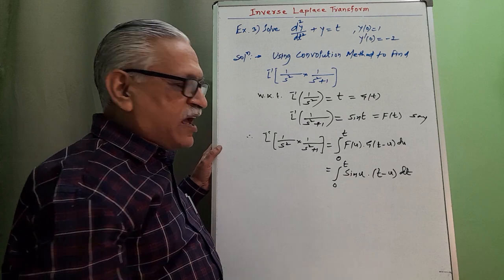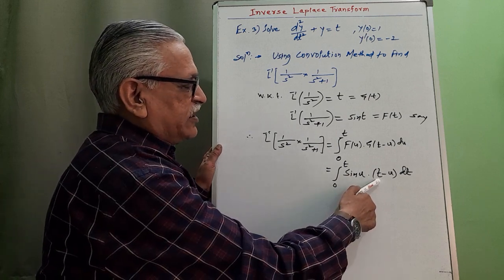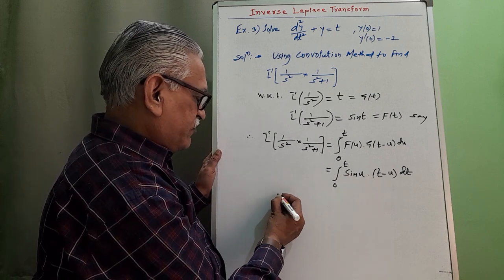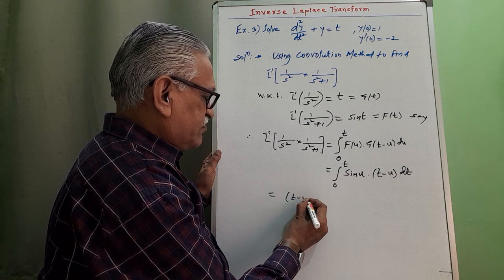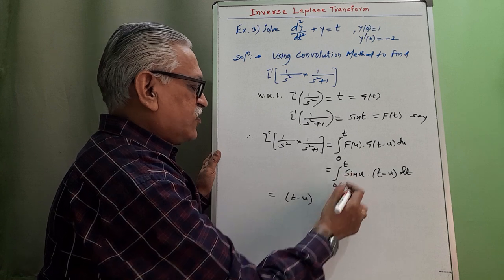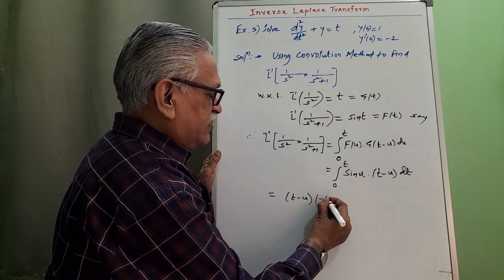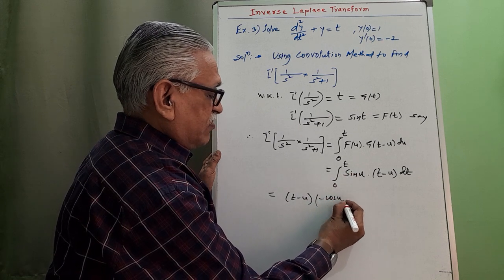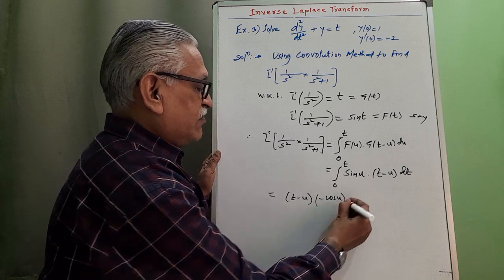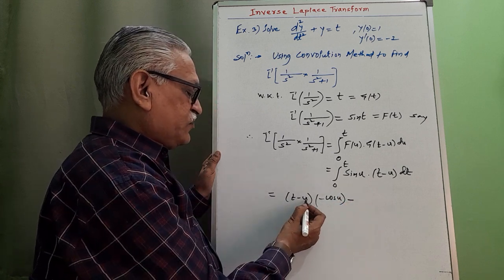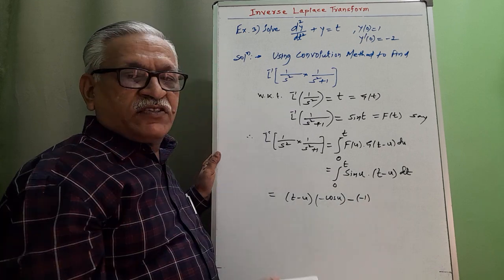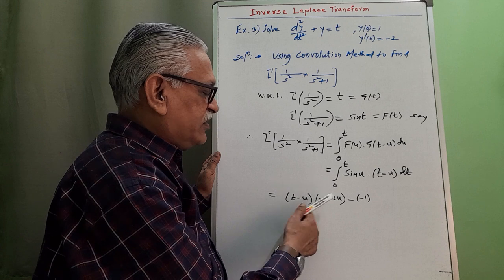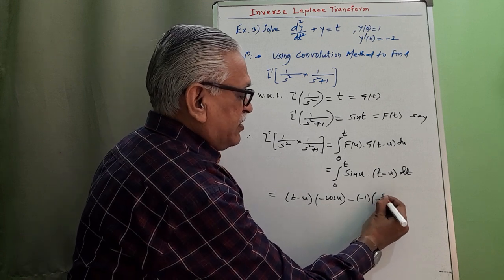Therefore, as per the LIATE rule, algebraic must be first, and therefore it is equal to t minus u first term. Integration of sine is minus cos u, minus derivative of this with respect to u, minus 1. Next, integration of cos is sine with this minus sign. Therefore, it is minus sine u.